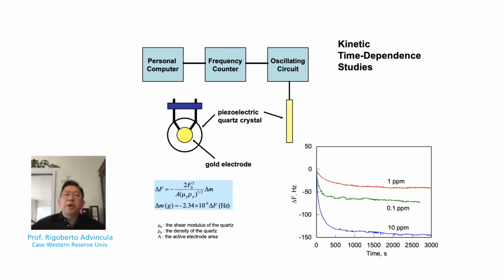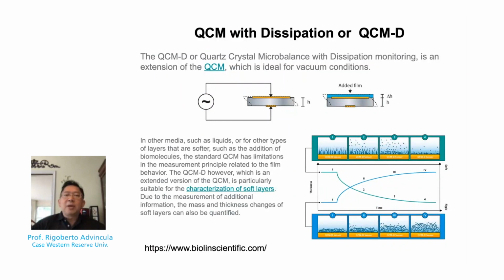Now, let me focus at this point on QCMD, which is one of the more favorite, if not widely popular, variations of QCM. In QCMD, or dissipation monitoring, this is essentially an extension of the QCM method in that once an oscillating circuit is driven on the Pierce crystal, one can short circuit or essentially stop that application of the oscillating circuit and then simply monitor the dissipation of energy.